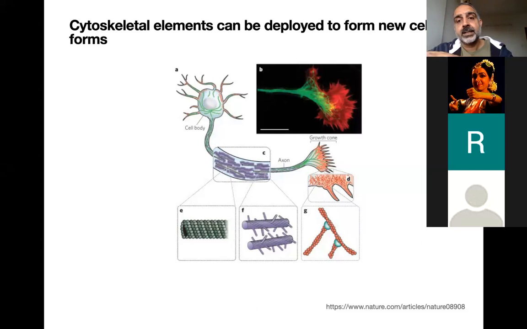When it doesn't find its target tissue, you get retraction, and this dynamic turnover of actin is important for this activity. You can also see that some of the actin shown in D in this cartoon is branched, and this branching happens because there are accessory proteins to the actin filaments which can set up new branches and new morphologies of the actin filament.